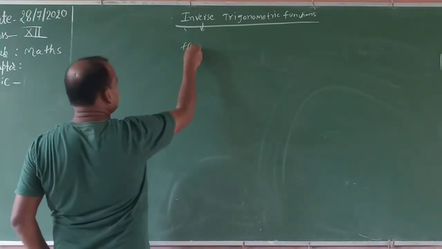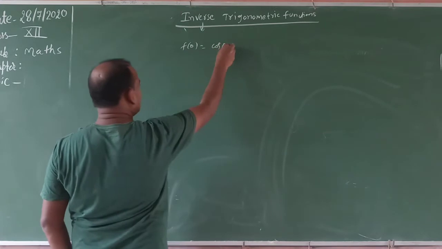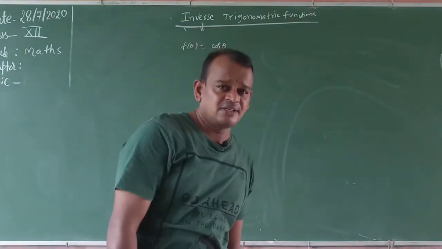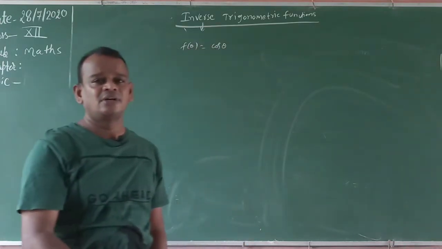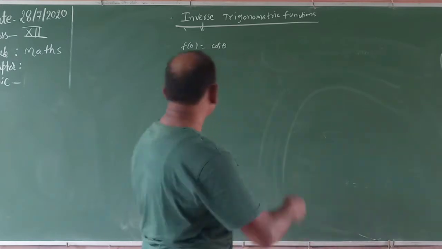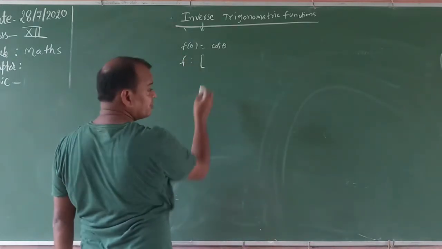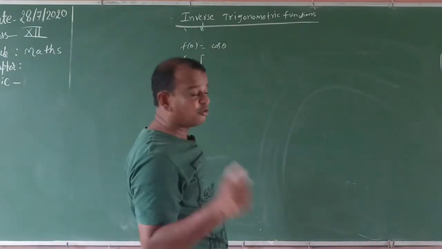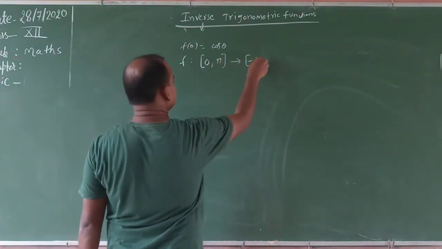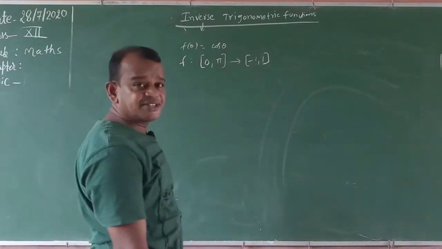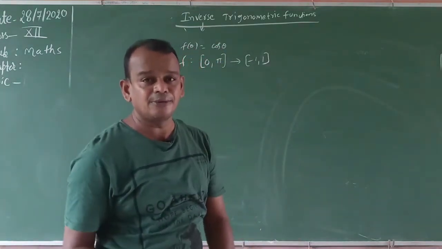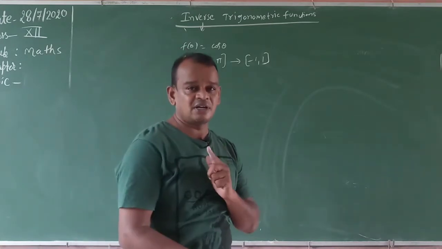First of all, f of theta equals cos theta is defined on real numbers, but it has no inverse there. In this also, on some intervals this is a bijective function. What are the intervals? F maps a closed interval. Observe that the interval is very, very important. In this interval the function cos theta is bijective, meaning one-one and onto, so 100% f is invertible.